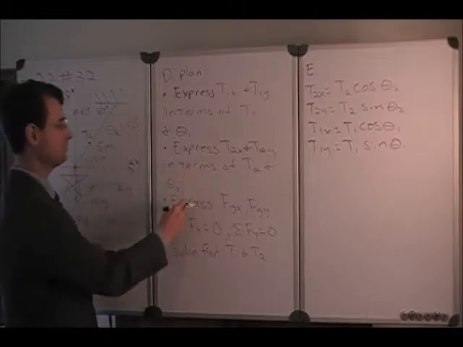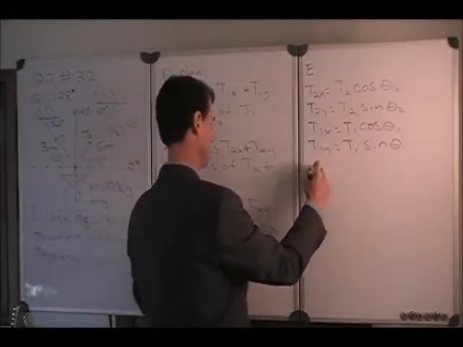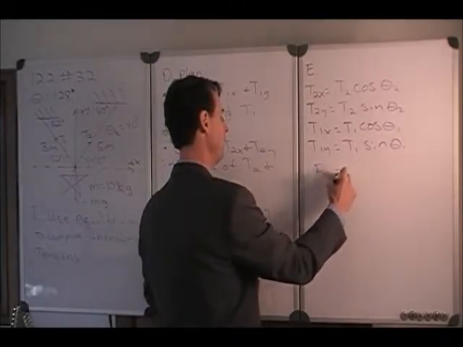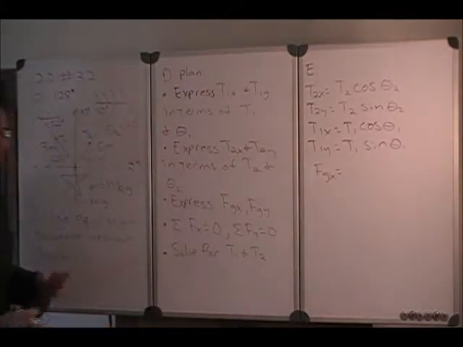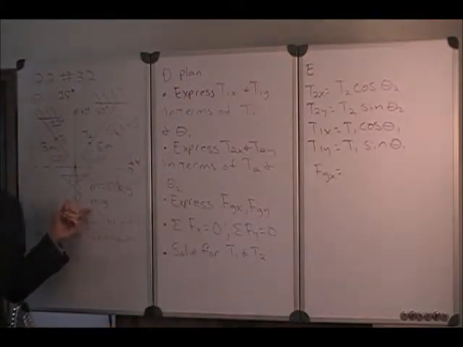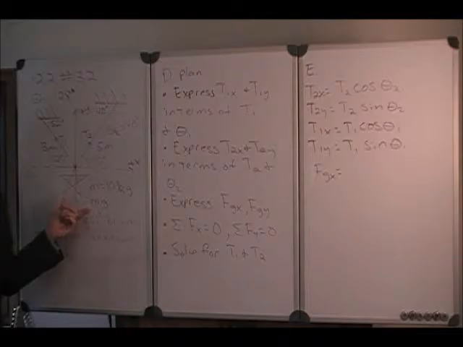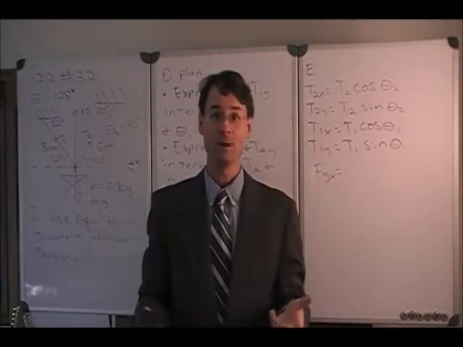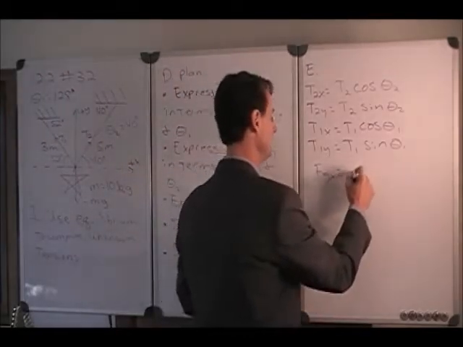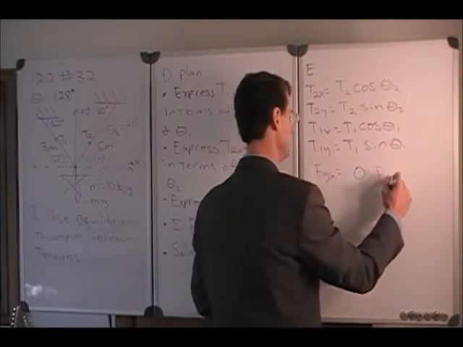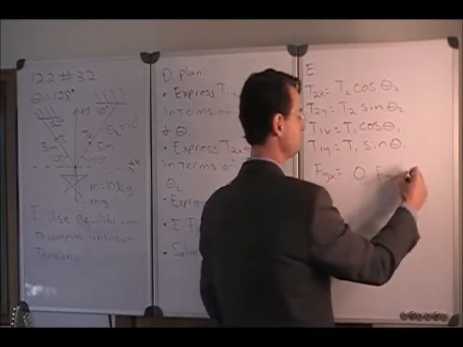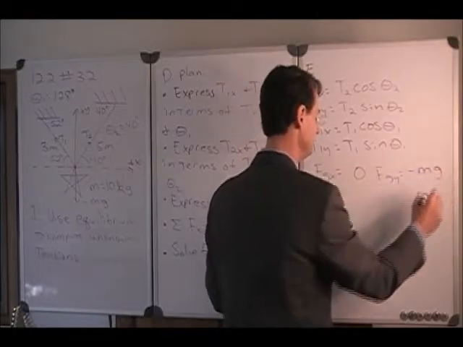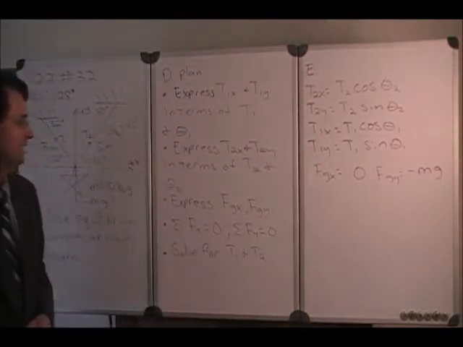All right, now express the x component of gravity. Well, when you think about things here, the angle that the gravitational force is making is negative 90 or 270 degrees. And the cosine of that angle is 0. You could also tell by the picture that the x component is 0. And the y component is simply negative mg.